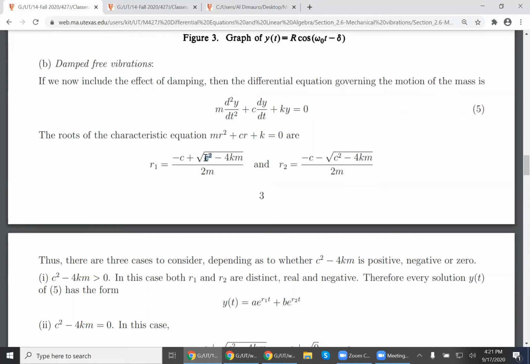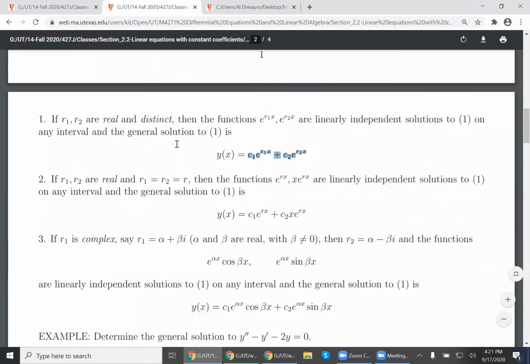Therefore, the square root of the discriminant is strictly lesser than c, which means if we add or subtract from negative c a number which is strictly lesser than c, the resulting number is negative, which means both R1 and R2 are negative numbers. Anyways, this is case 1.